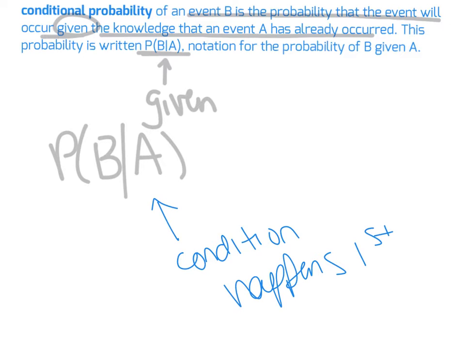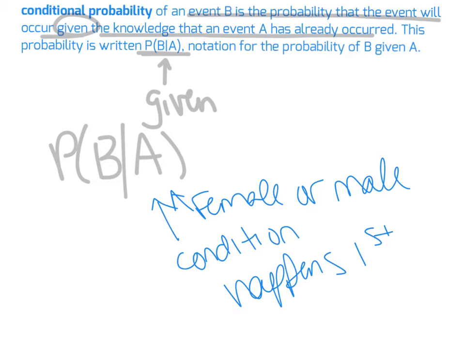So usually this is a female or male condition, like a gender condition, because that always happens first in your life. So what's the probability that you like ice cream given you're a male, or you like ice cream given you're a female? So all conditional probability is that there is a condition put on the probability, which must happen first. Whatever is written second must happen first.